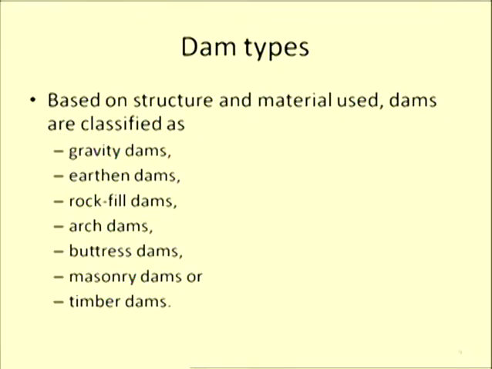The first classification is based on the structure and material used in construction of the dam. So we can call a particular dam a gravity dam, earthen dam, rockfill dam, arch dam, buttress dam, masonry dam, or timber dam. And there could be many more in this same way.